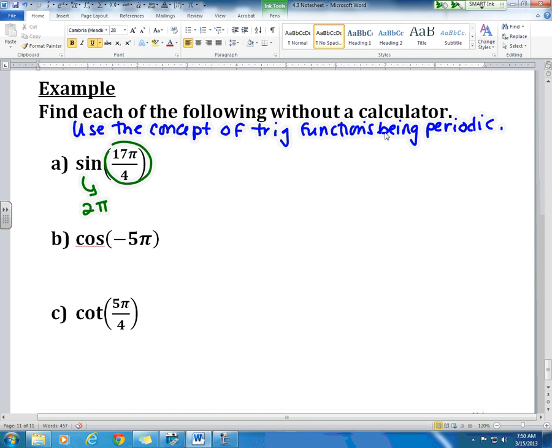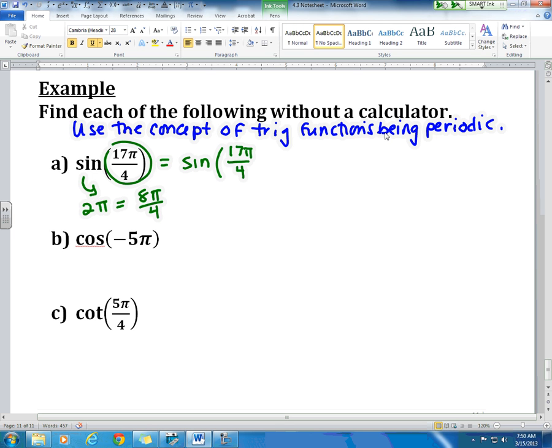If we took away multiples of 2 pi until we knocked it down to the smallest possible positive angle, then we could compute the trigonometric ratio without doing a reference triangle. So the sine of 17 pi over 4 is exactly the same as the sine of, if I do 17 pi over 4, how many groups of 2 pi can I take away? Well, 2 pi is the same as 8 pi over 4.